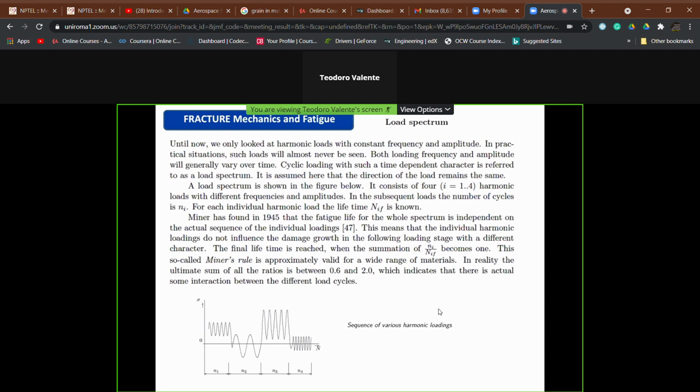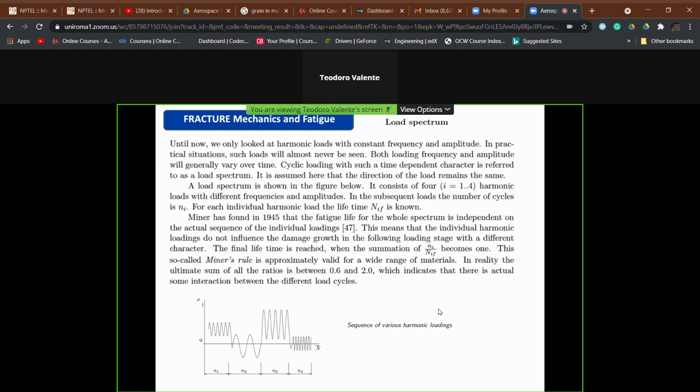So we need to make a little bit of refinement in order to move to something which is simpler and better corresponds to real working conditions. Let's assume that the direction of the loads remains the same, and let's assume, for example, that we have a load spectrum which is a mix of harmonic loads, as reported here in the picture.